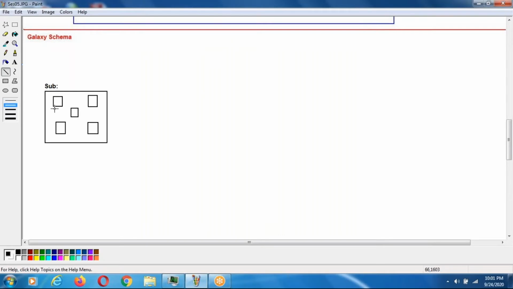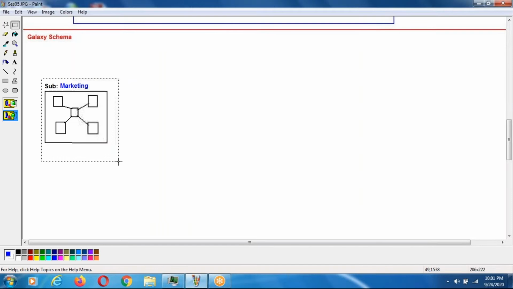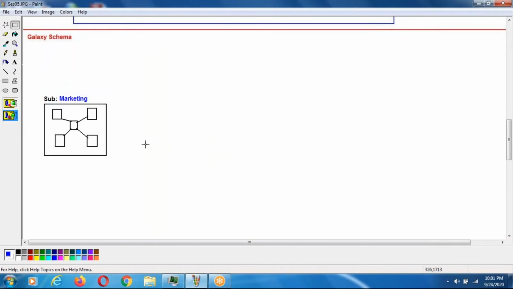Here I'm representing it in the form of a star schema, but it is not mandatory; it may have a snowflake also, though I have not represented it in the diagram. For example, this subject is called marketing. Similarly, the architect has designed not only the marketing subject but various other subjects also.